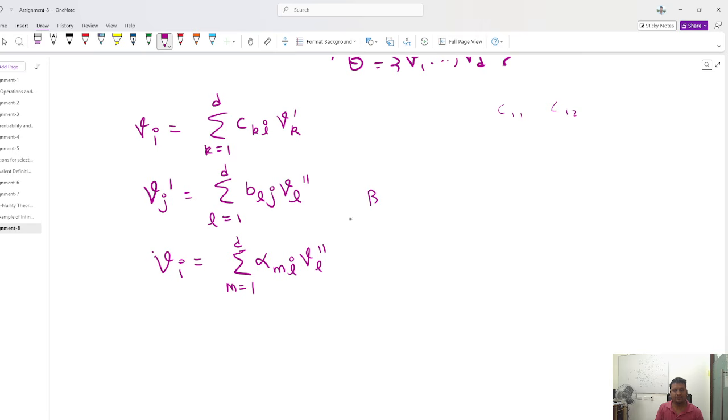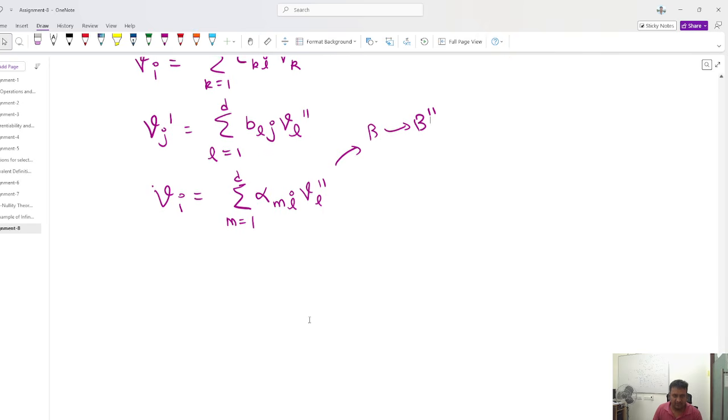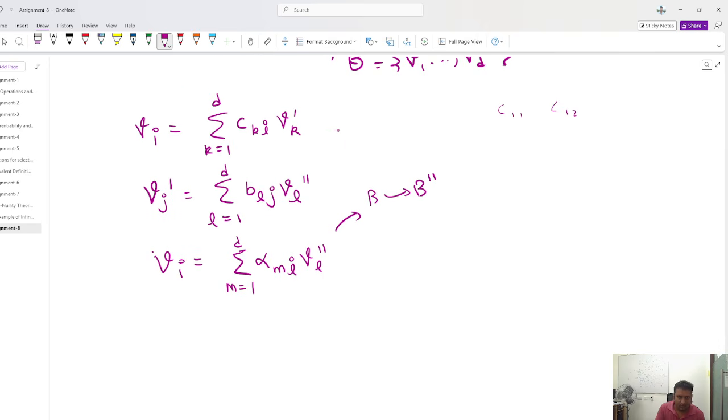That's the matrix corresponding to B to B double prime. Now this is 1, 2. What you have to do is substitute 2 in 1.